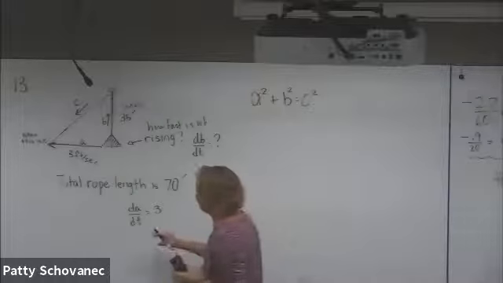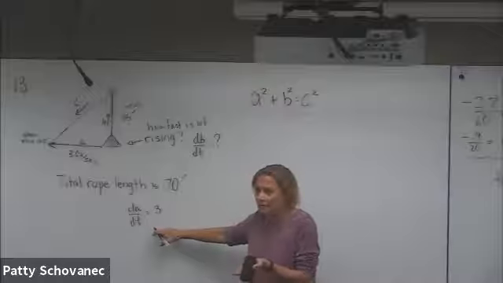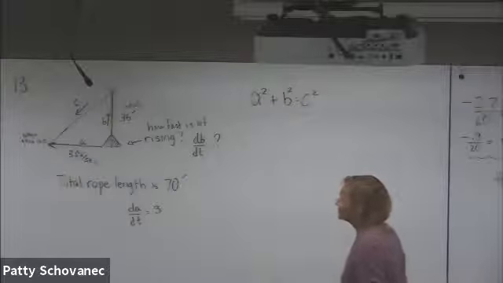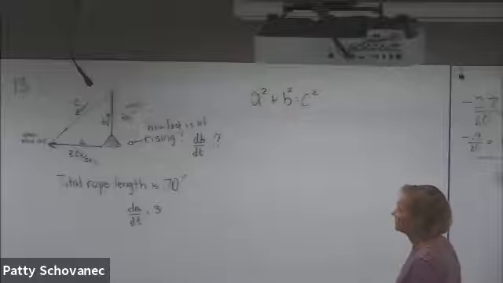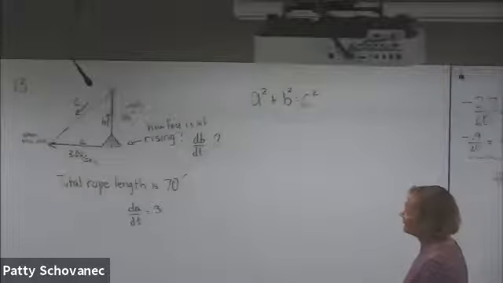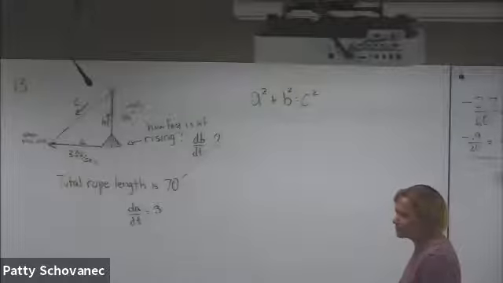But we don't want a C in here because I don't have a dC/dt. So now let's substitute C out. So C is always 70 minus whatever B is, right? C is the rest of the rope.